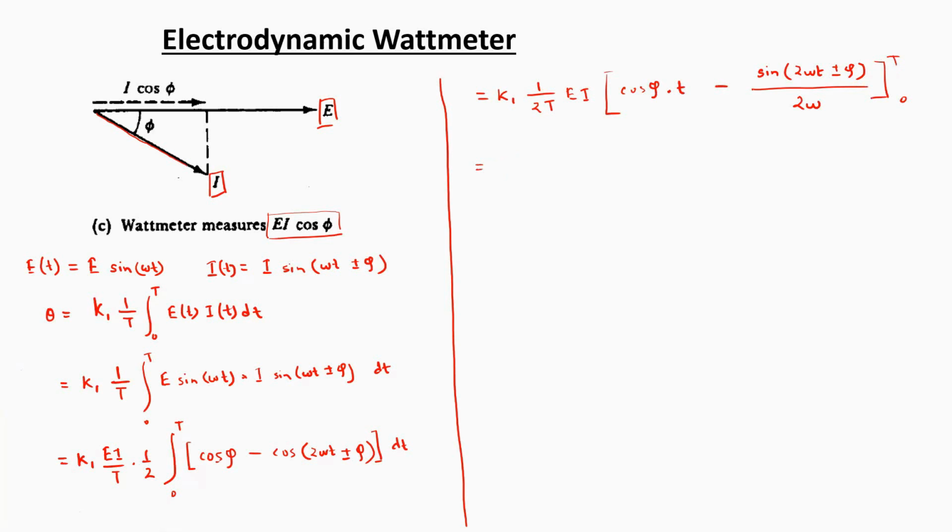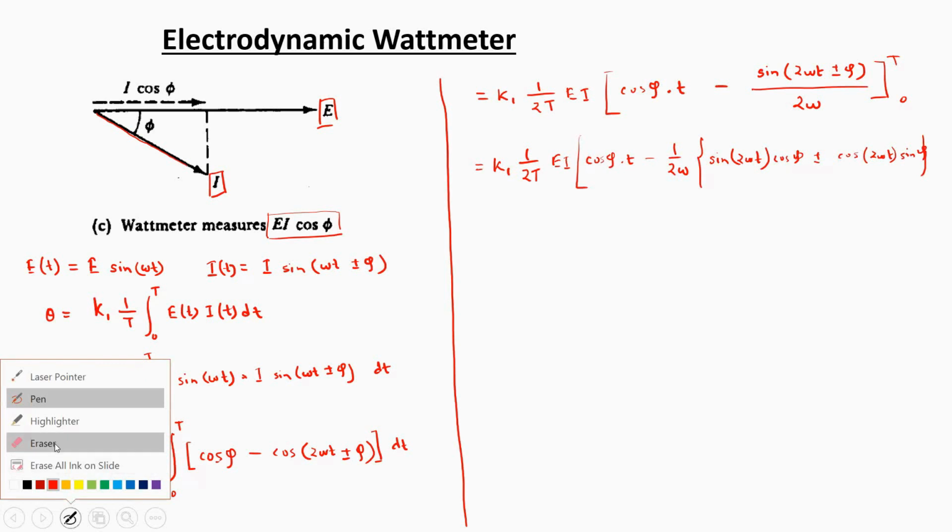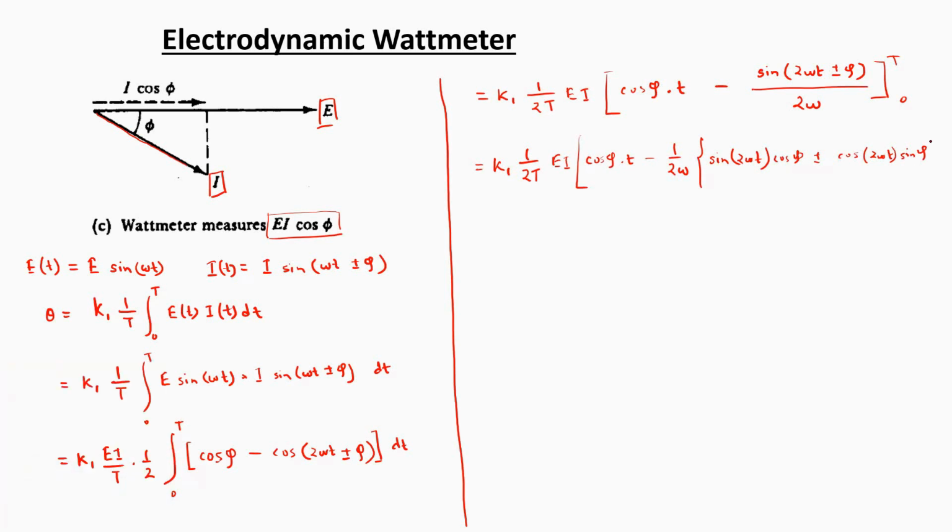Now if we further elaborate this term over here, sine twice omega t plus minus phi, then we can rewrite it with the limit 0 to t.